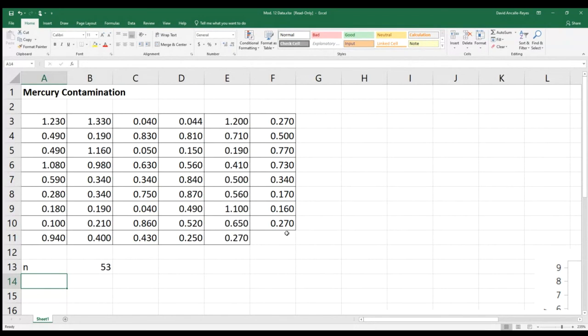If we want to find a 95% confidence interval, you can go back to the equations in your notes, and you can see that for those equations, we will need the sample mean, x bar. So the first thing I would recommend is to find that sample mean.